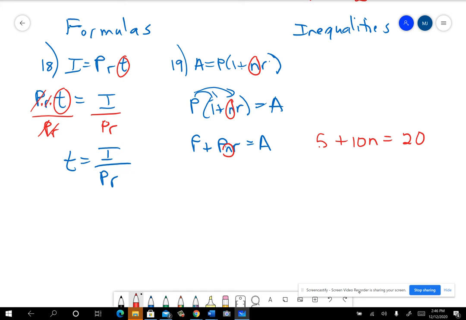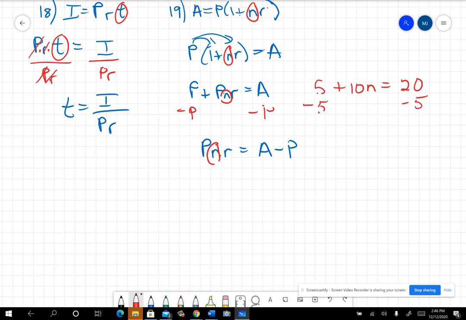Whatever you would do first over here is what you would do first with the variable. So like subtract 5 is what you would do first there. So that corresponds to subtracting the P. So that's what we'll do. So then we wind up with just PNR equaling A minus P. And don't forget what you're solving for. Keep that circled as you go down.